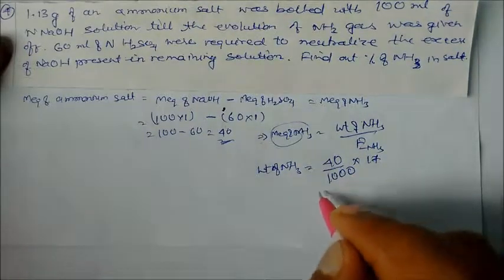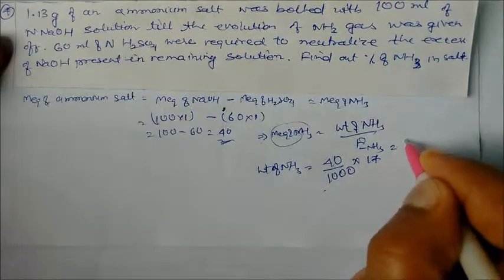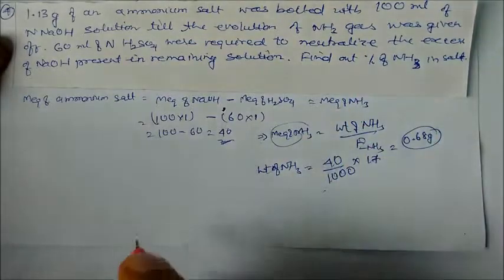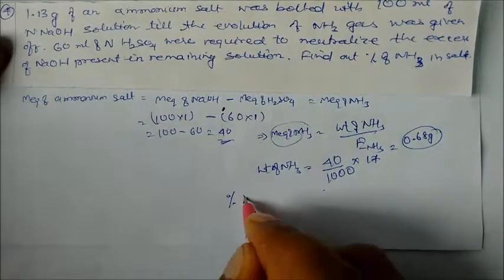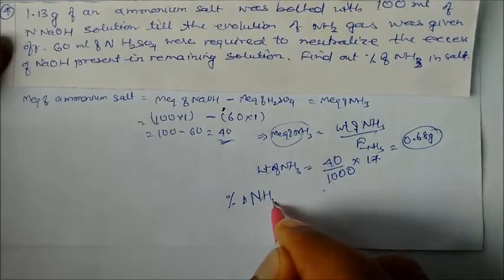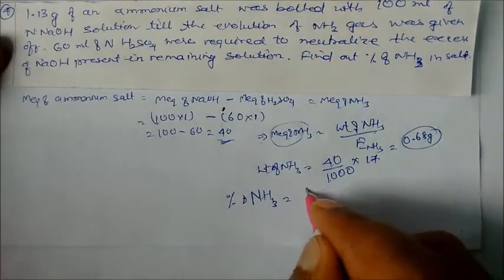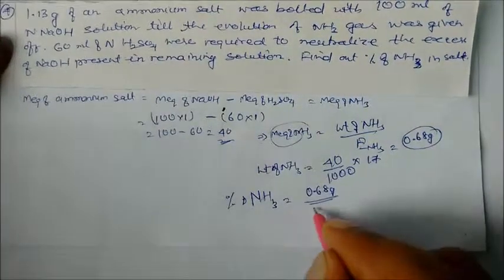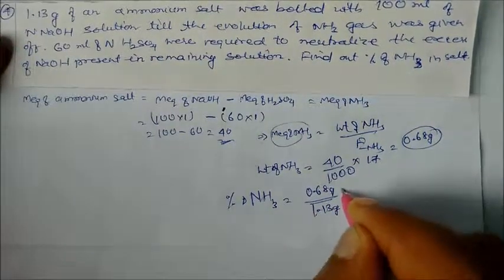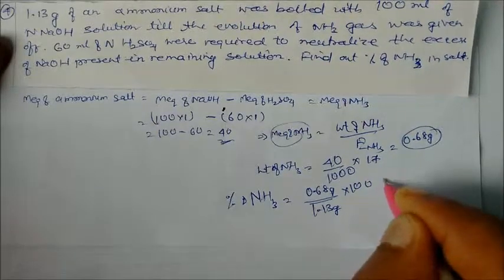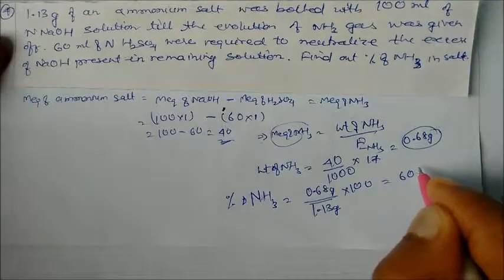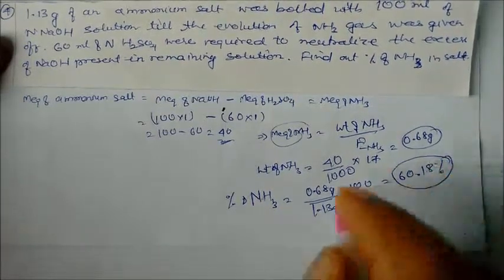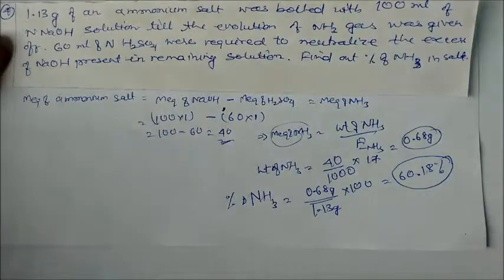So you get the answer 0.68 grams. This is the weight of ammonia. What is the percentage of ammonia? The weight is 0.68 gram and the salt is 1.13 gram, so 0.68 divided by 1.13 multiplied by 100. On multiplying you get 60.18%. This is the percentage of ammonia released from the ammonium salt.